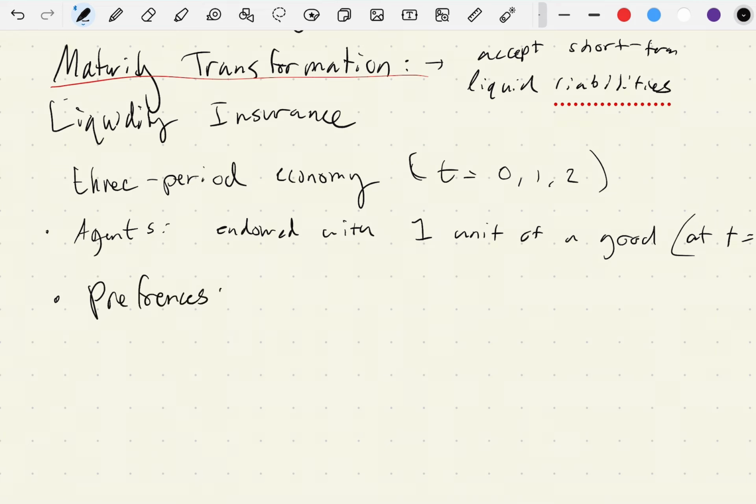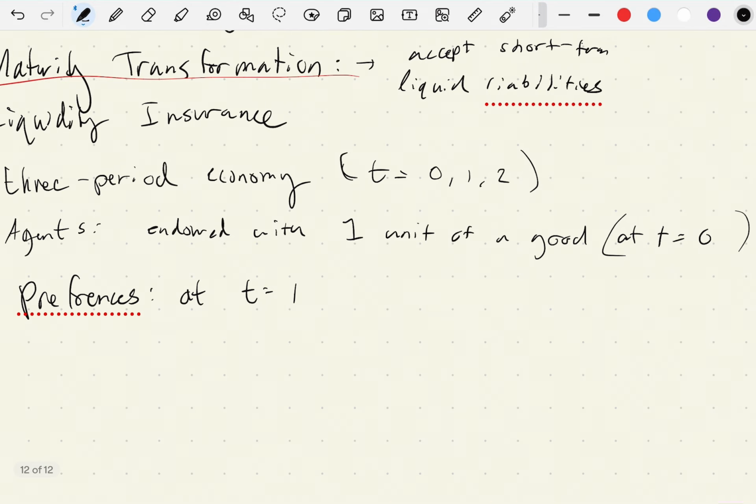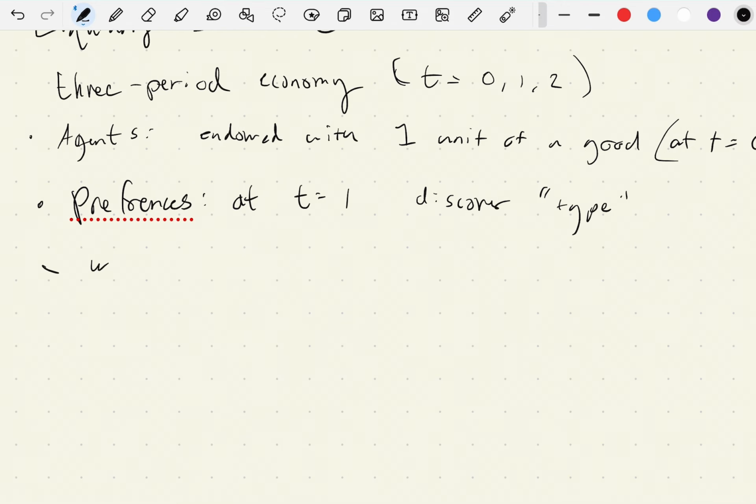We also need to define preferences. At t equals 1, the first period here, each agent discovers their type. With probability lambda, we're going to define this probability as lambda, an agent is impatient.